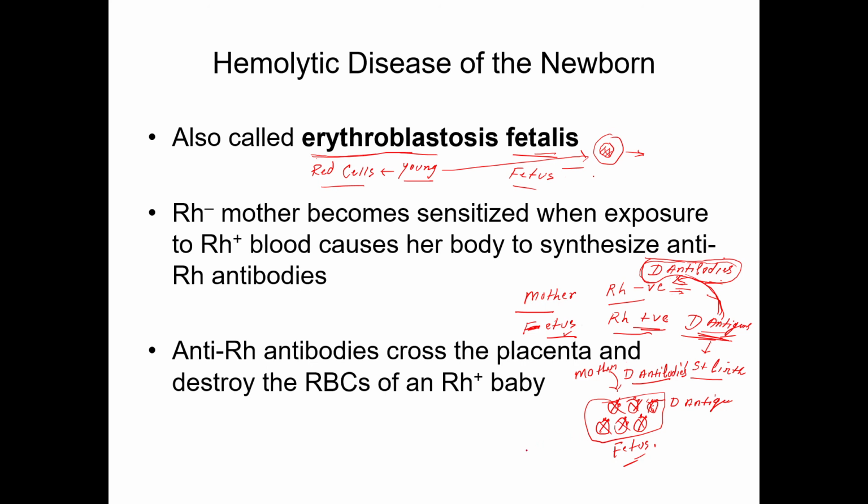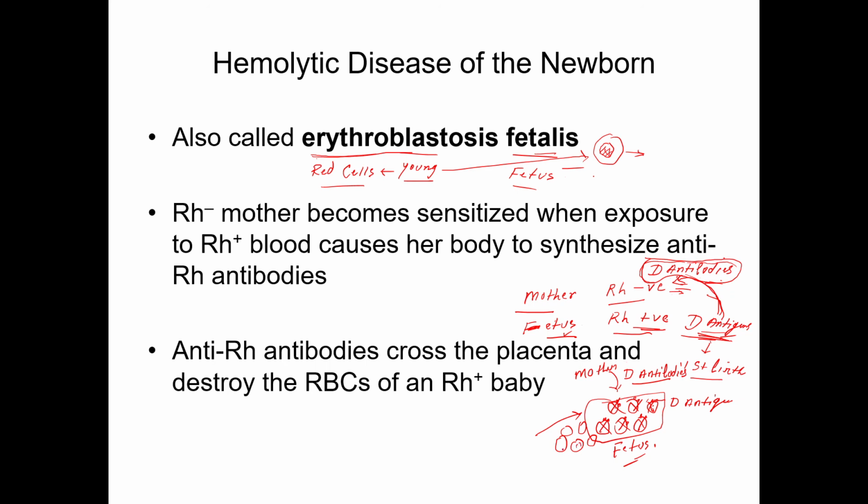So the liver and bone marrow will quickly try to replace by producing new red blood cells. But most of these red blood cells are immature because they are being produced very fast and given to the blood circulation.